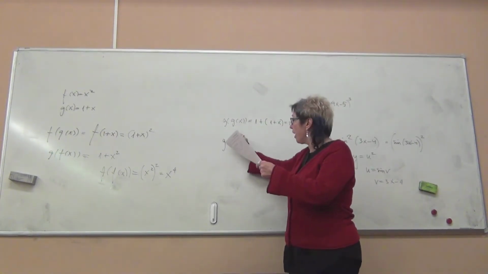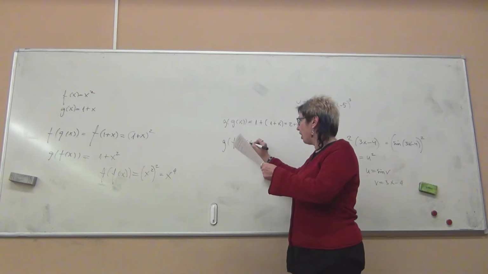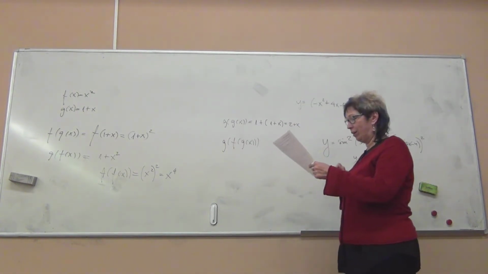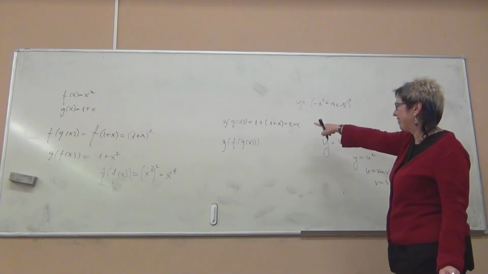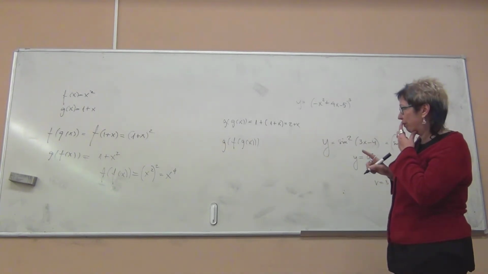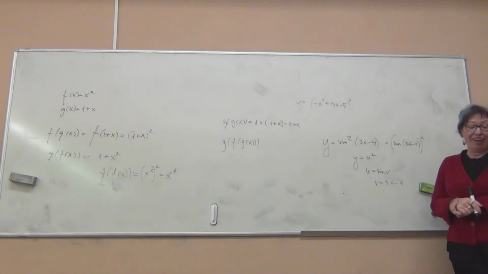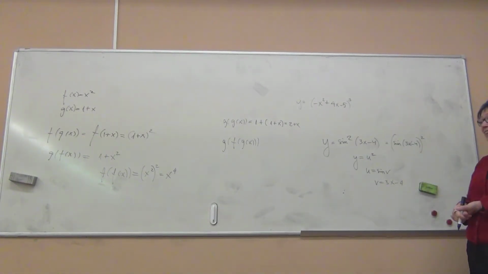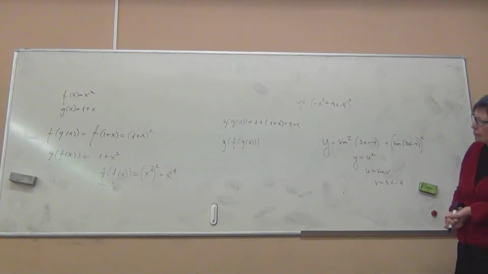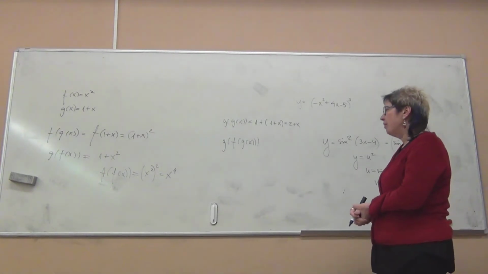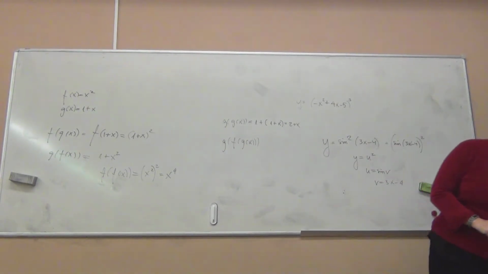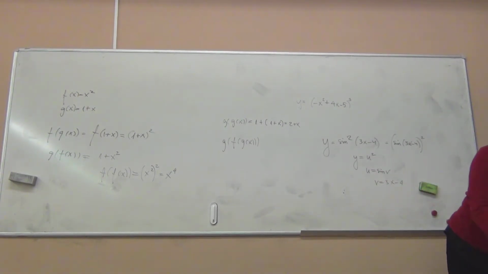Now g of f of g of x. How do we deal with this one? Make the internal one first, and that will be 1 plus x squared, because we have done half of the work already.